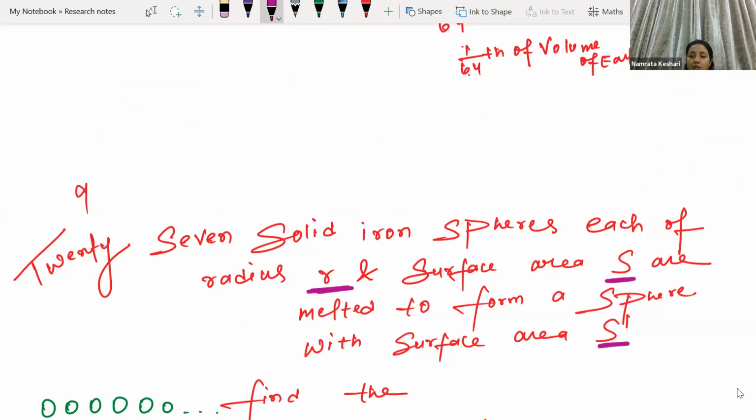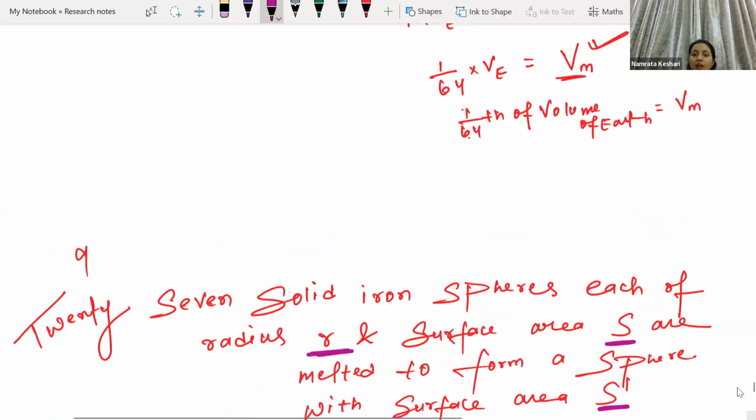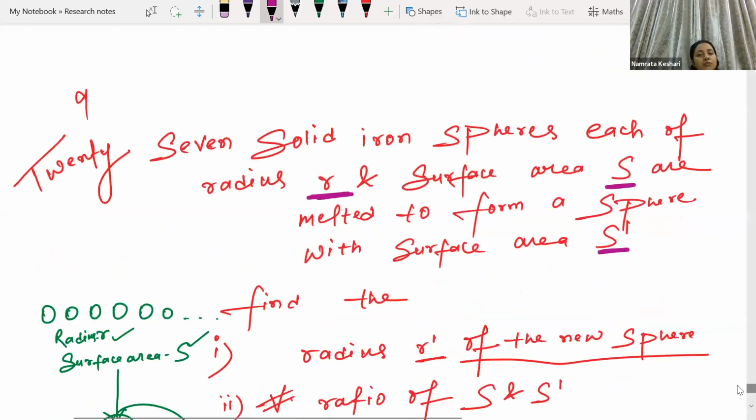We cannot keep the answer in terms of r dash because that is not part of the question. When you go to class 10, 11, 12, we will tell you again and again that whatever is given in the question, our answer should contain that only, nothing extra.